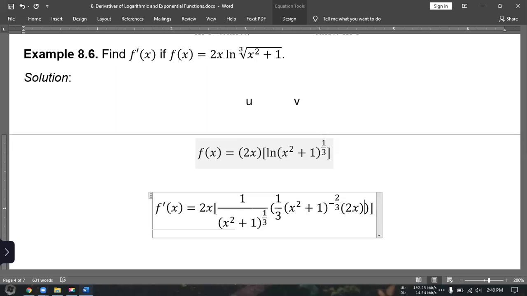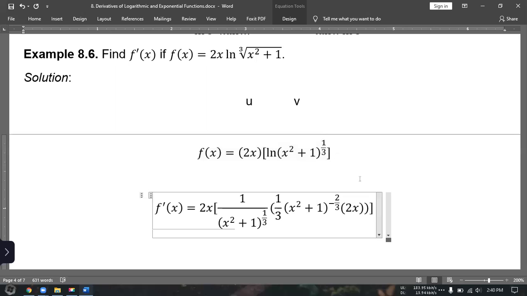So, ayan. This is the u dv. Copy the u, again, copy natin yung first factor. And this is the derivative of the second factor, 1 over u, and then this is the derivative of u by the chain rule. And then we have plus here.